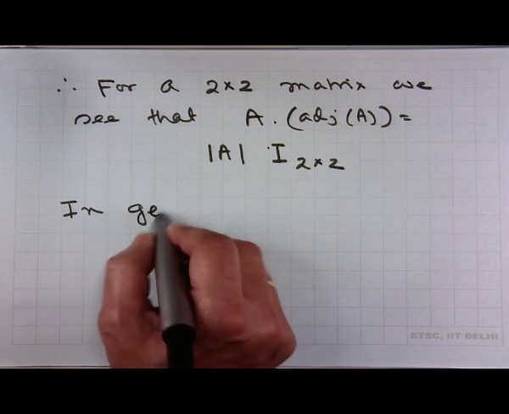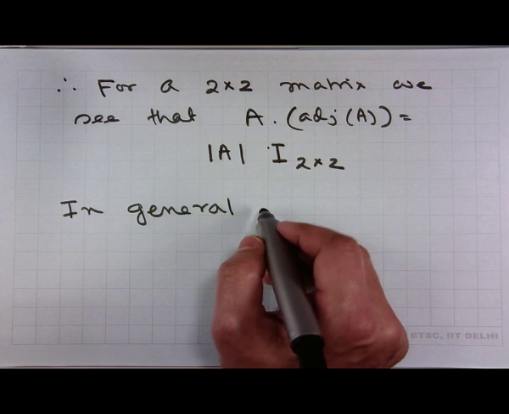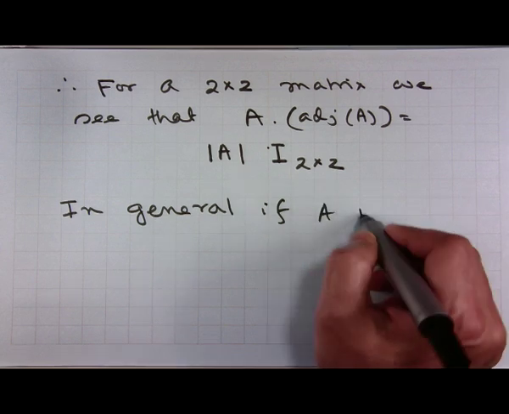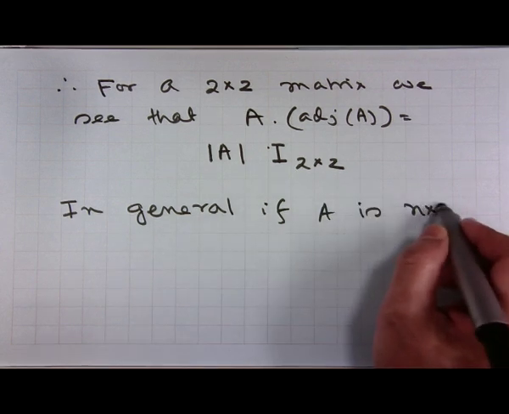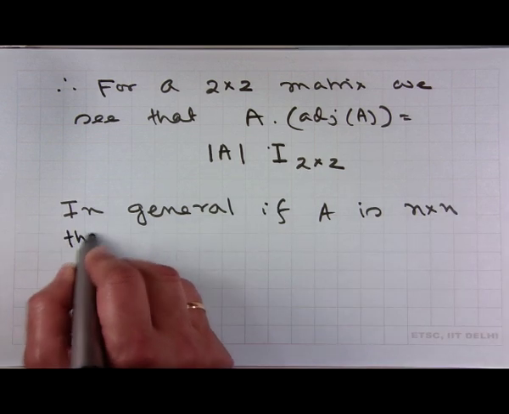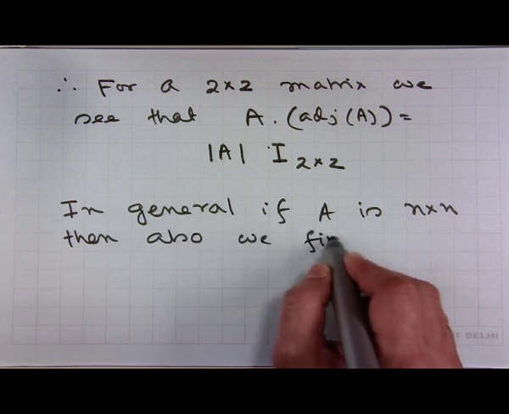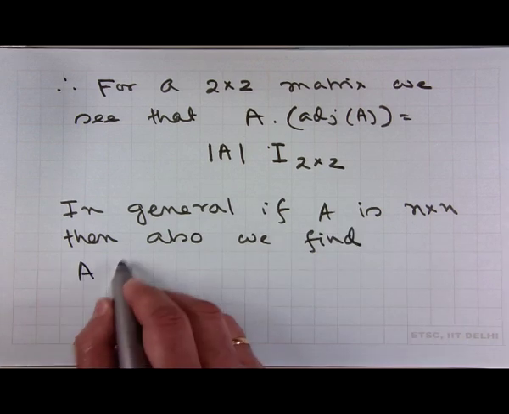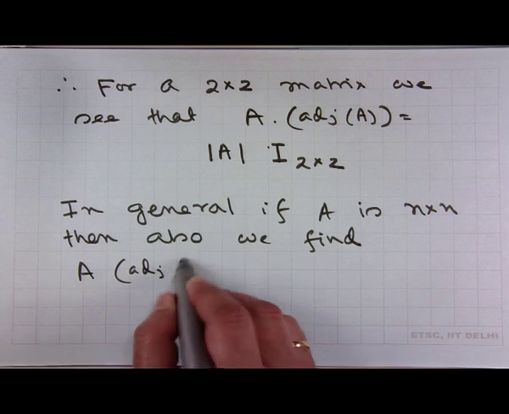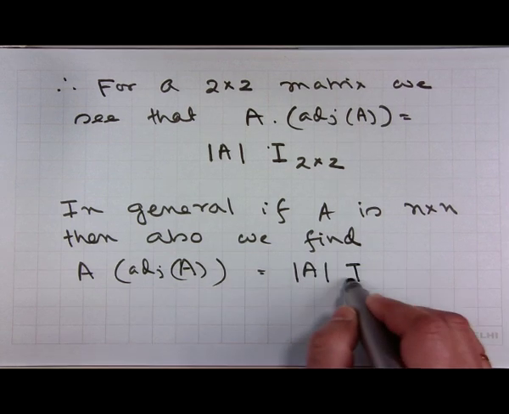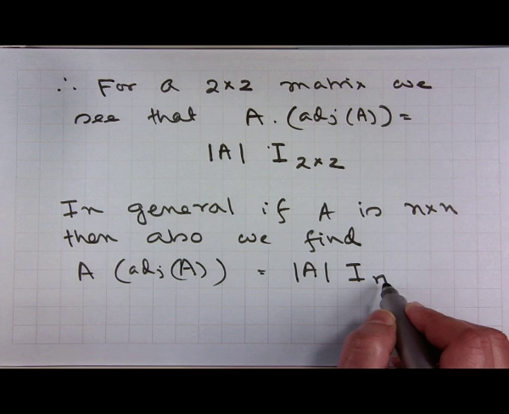In general, if A is n cross n, then also we find A into adjoint of A is equal to determinant of A into an identity matrix of size n cross n.